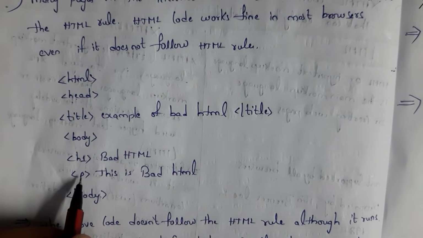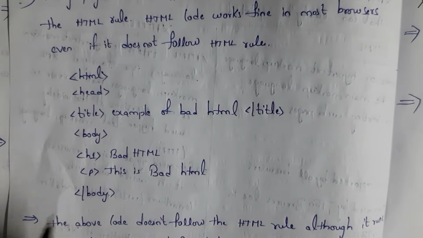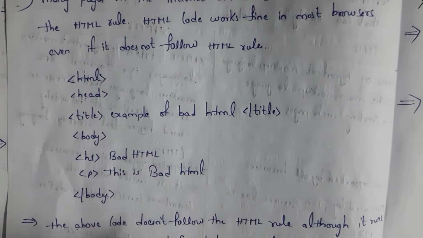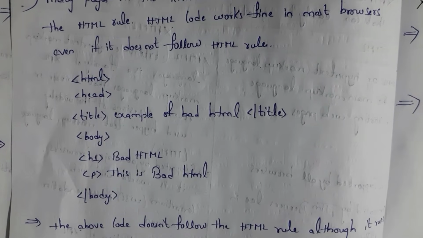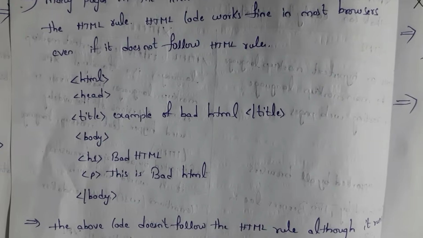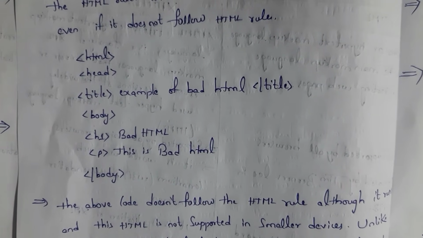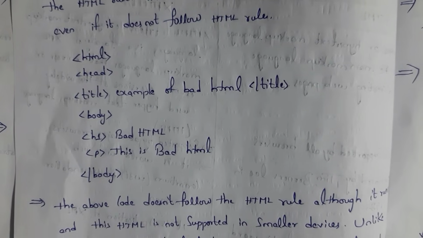Similarly, I opened a paragraph, but I did not close this paragraph. Even if I do not include closure tags here, this program will work in HTML, but this program will not work in XHTML because XHTML follows rules very strictly, whereas HTML does not follow rules strictly.